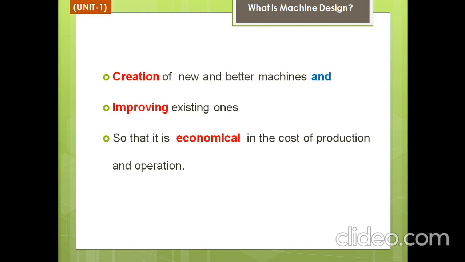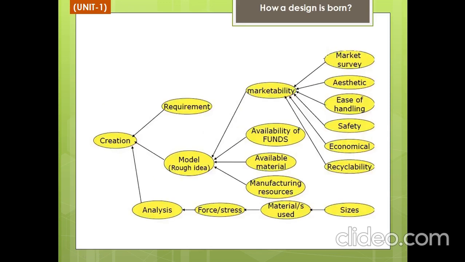Means only the creation of new machines is not the design, but improving existing machines is also part of machine design. And the creation and improving will be such that it is economical in the sense of cost of production and operation. Clear?